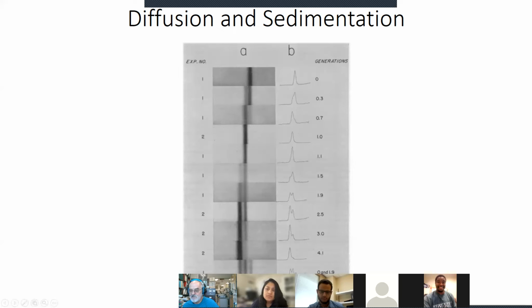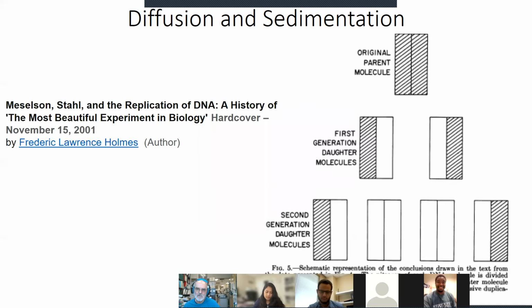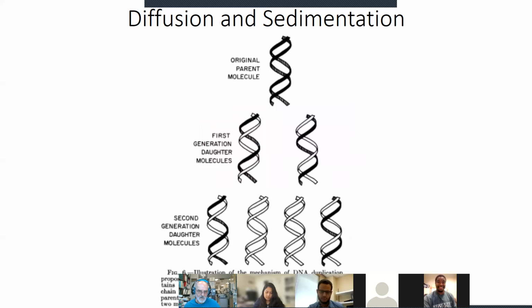You could have imagined that somehow there was no intermediate step, no semi-conservative replication, that each molecule was completely replicated and the original material somehow got lost. That doesn't really make sense to us anymore, okay? But that's one possibility. Are there any questions about this?